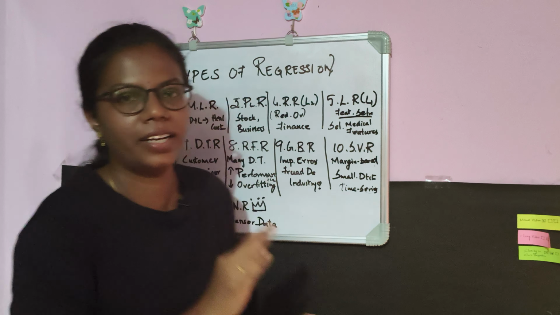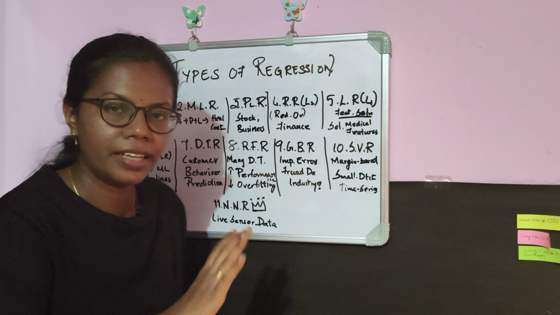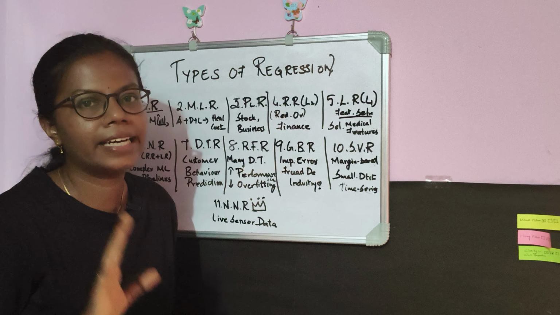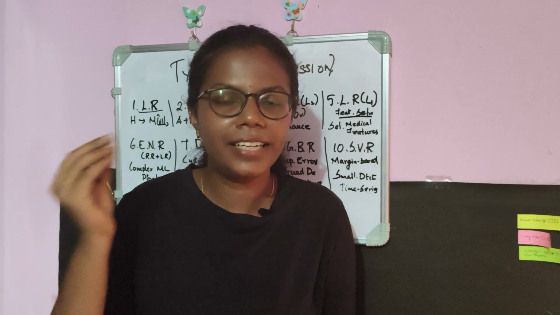For handling live data, specifically the sensor data that we get for IoT based projects, we need a super powerful algorithm, right? That is definitely the neural network regression. If my goal is handling live data, then the go-to algorithm is neural network regression, specifically even in robotics. It clearly understands and processes the data.